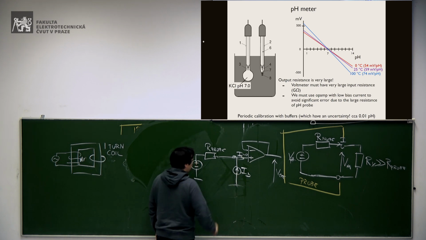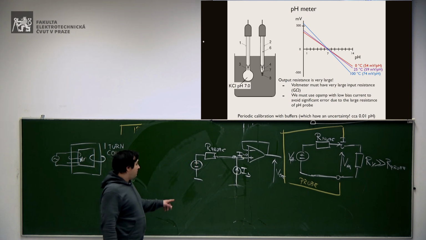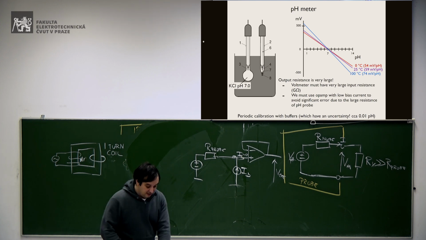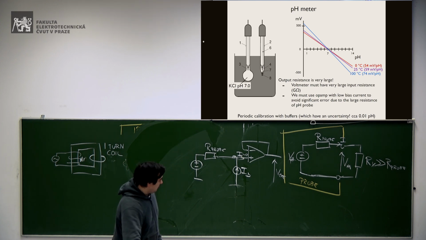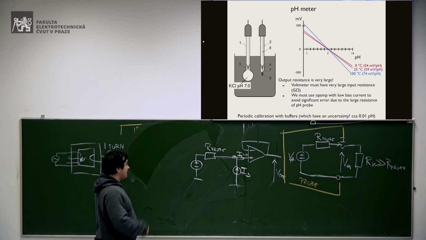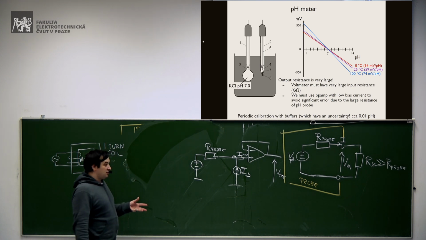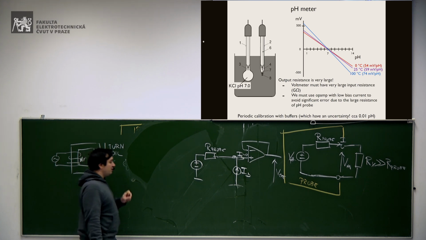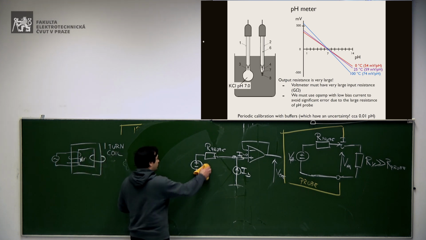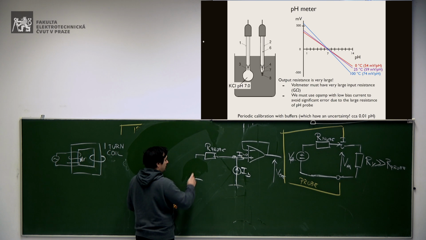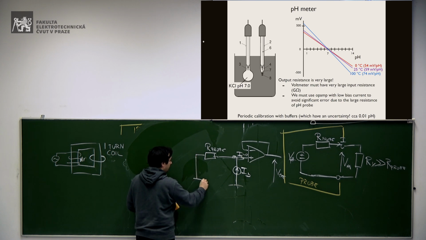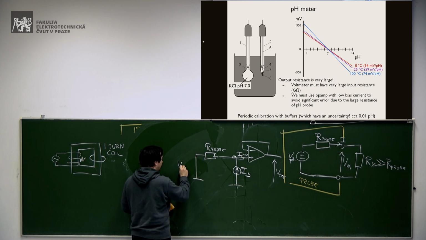Now, what happens if you consider the effect of the bias current on the output? As usual, you should shut down other generators, and you consider only one generator at a time. So you shut down the voltage generator of the probe.